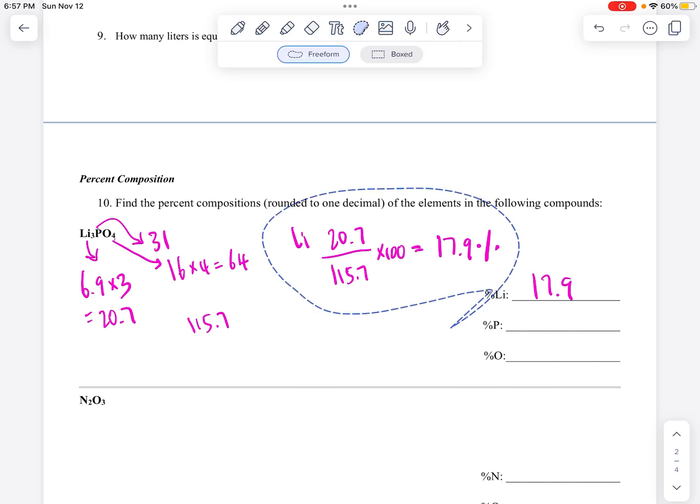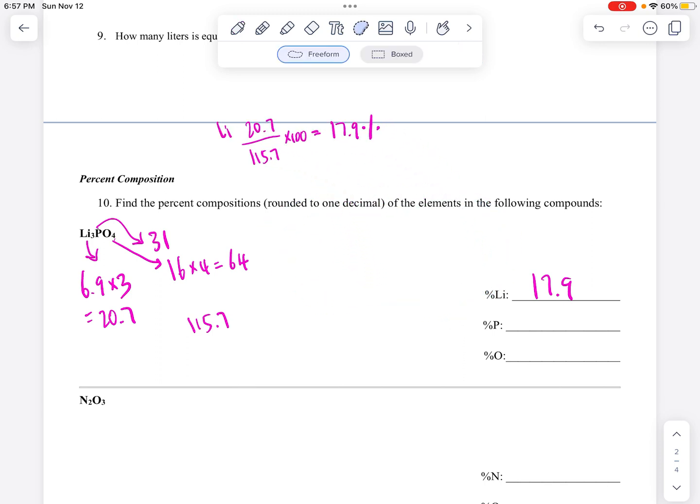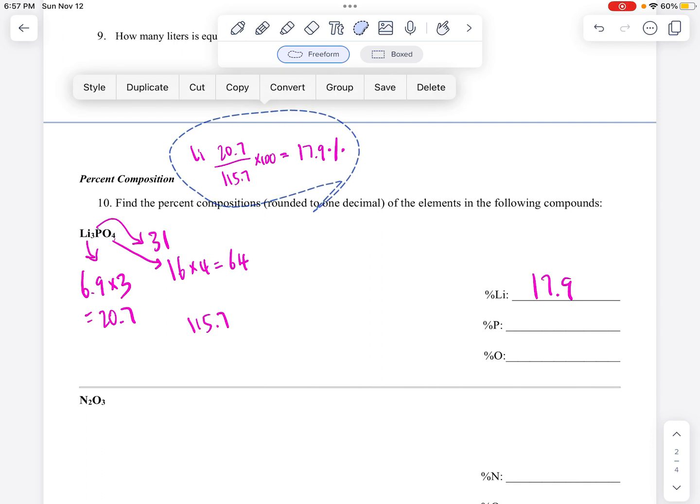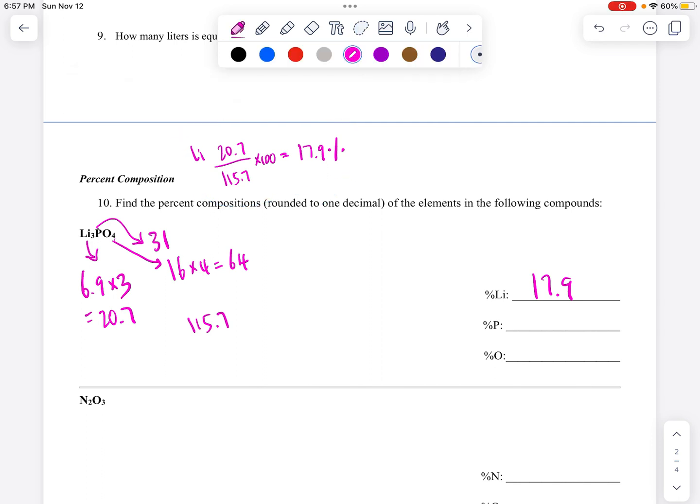Okay, so that is done. I'm just going to move that out of the way. I'm going to put it right there because I need the space. Let's go ahead and try phosphorus now. Okay, phosphorus, there's only 1 and only 31, right? And I'm going to divide by the entire thing, which was 115.7. Again, multiply by 100 so that I can find the percentage.